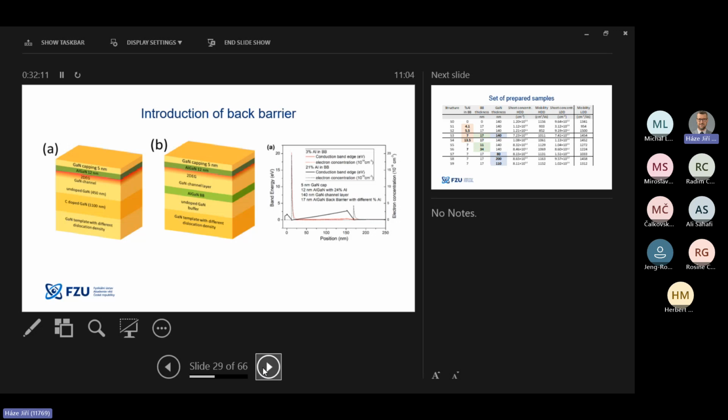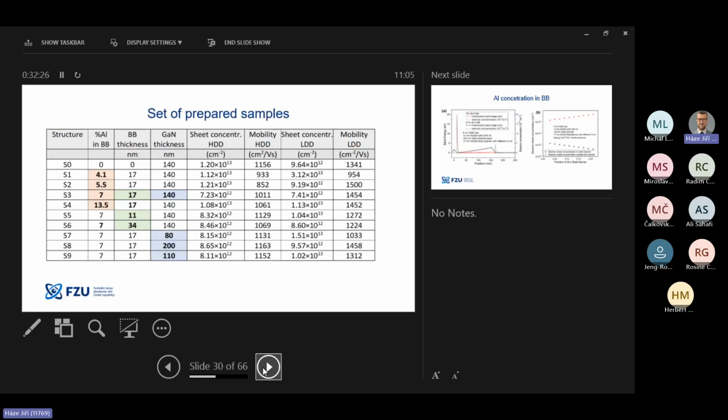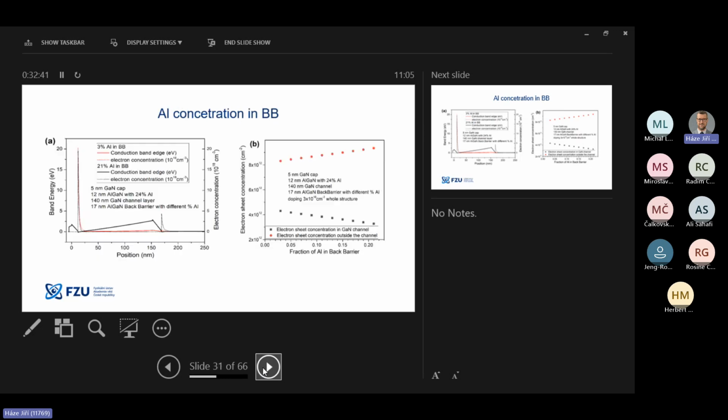But we have to be careful not to produce another two-dimensional electron gas under the AlGaN back barrier. We had to find proper parameters to achieve good results. That's why we prepared several sets of samples with different percentages of aluminium in the back barrier, thickness of the back barrier, and also different thickness of the GaN channel layer.